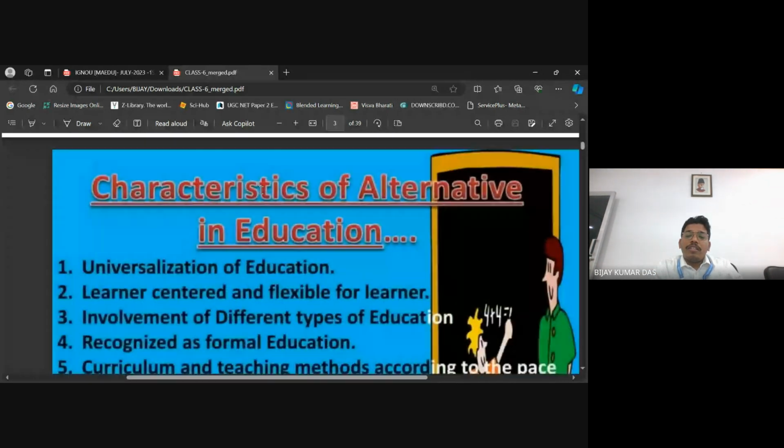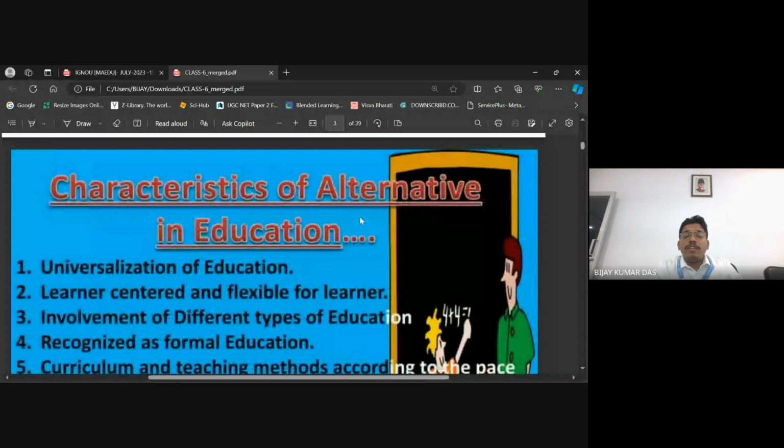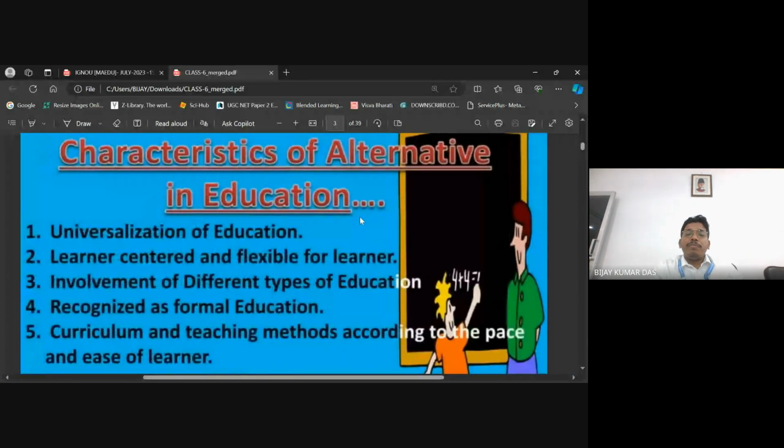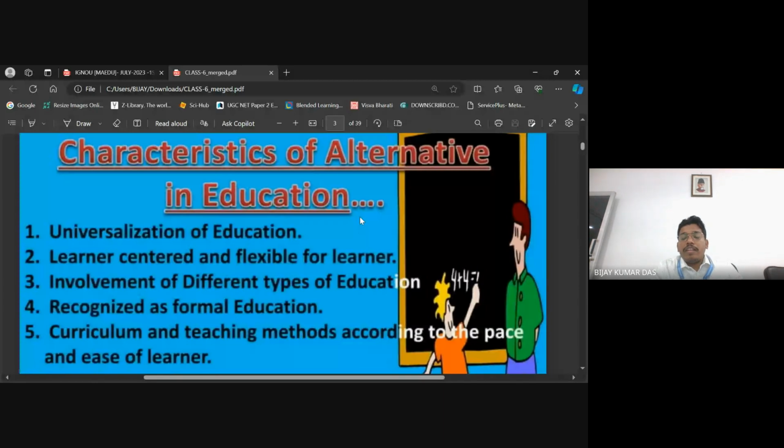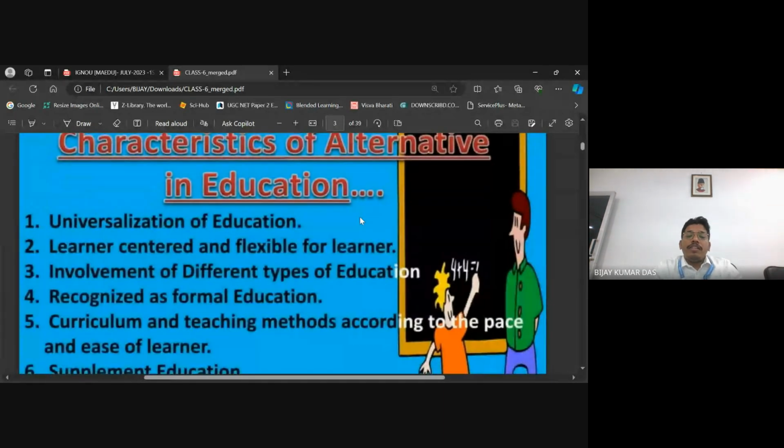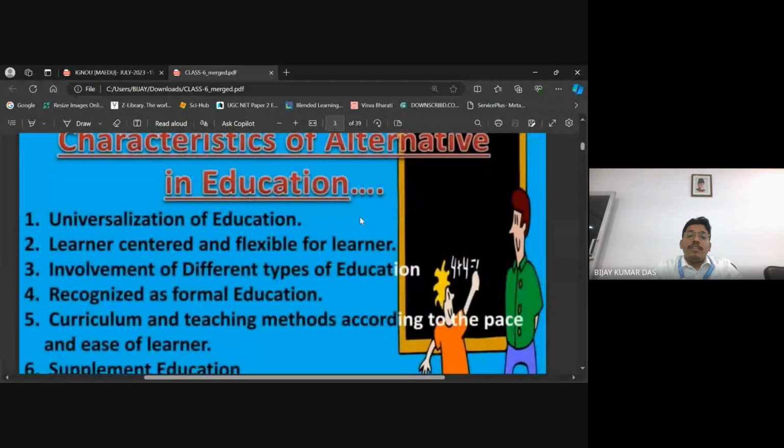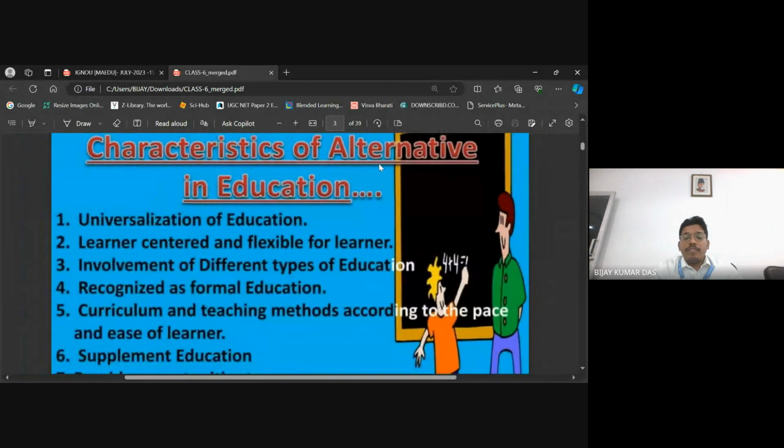So what are the characteristics of alternative education? The first purpose or characteristic you may say is the universalization of education. And you know that due to this kind of issues or problems, you may say, the availability of facilities in adequate amount is a concern. We cannot give facilities to the children who are in different areas.